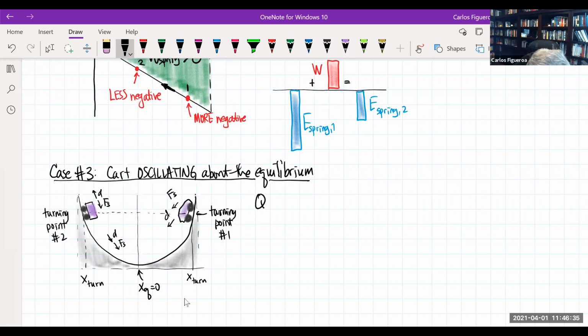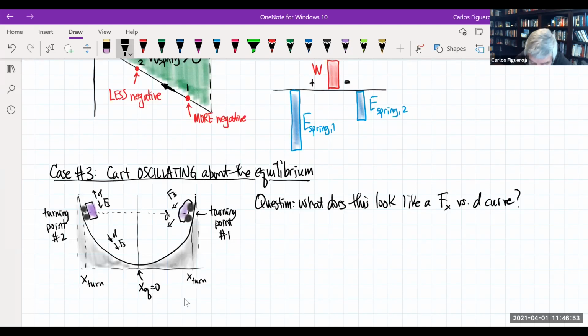So question: what does this look like in a force versus displacement curve? Well, if the spring force is negative when it's in the negative position space, then I get 2 minus signs.